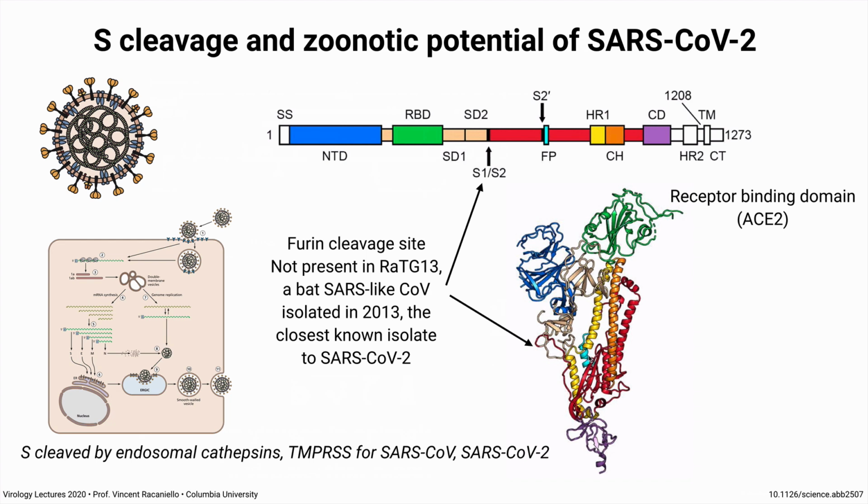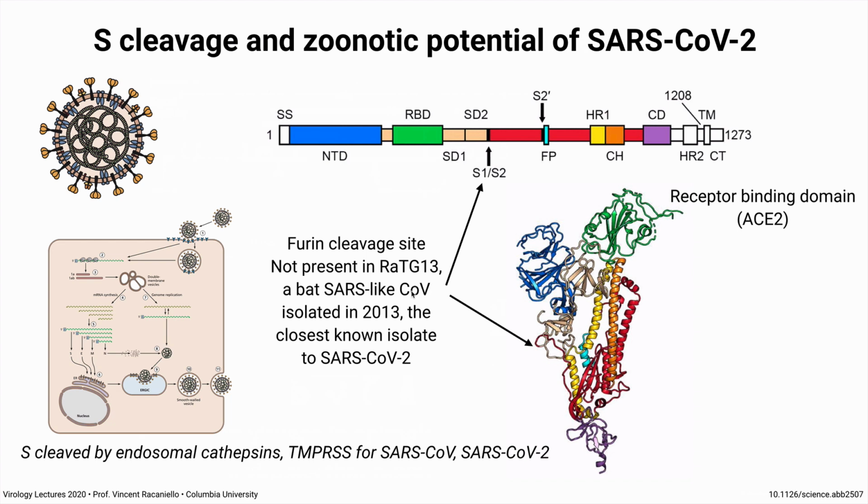Interestingly, now we talked about this before, the SARS-CoV-2 is extremely similar in genome sequence to a bat virus called RATG13, which was isolated in 2013 in a cave in China about 1,000 miles outside of Wuhan. It's a bat SARS-like coronavirus. Probably shares an ancestor with SARS-CoV-2.